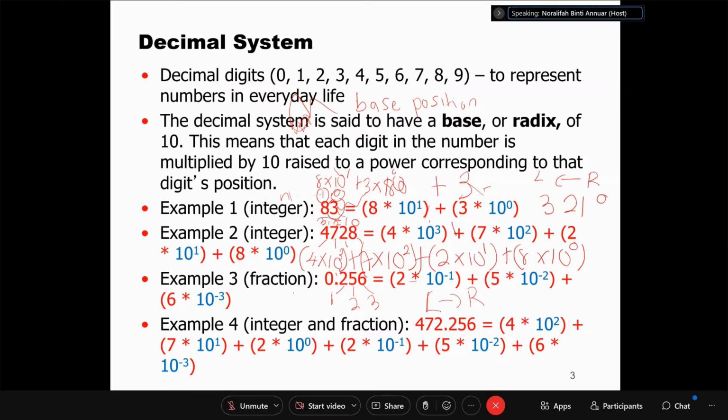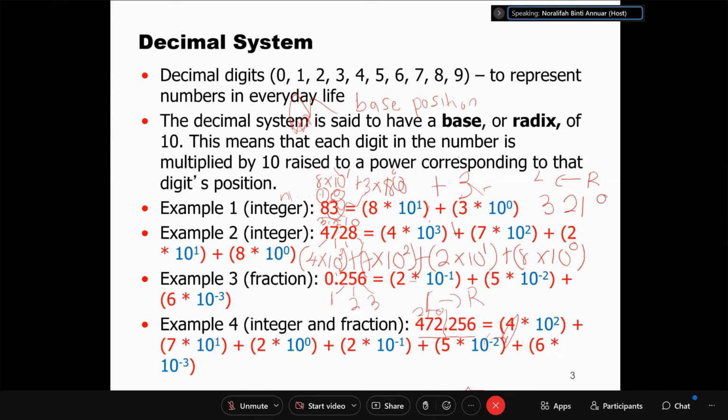Look at the one below, 472.256. You know the integer part, so this goes right to left, position 0, 1, 2, right?